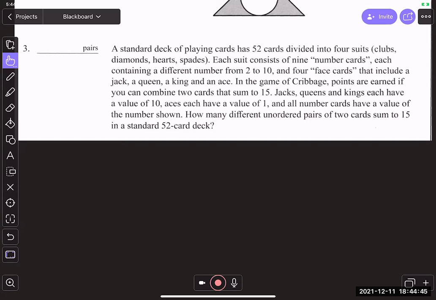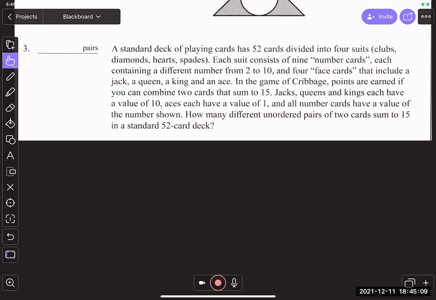Did anyone get to do this question here? Anyone? No one? Okay.